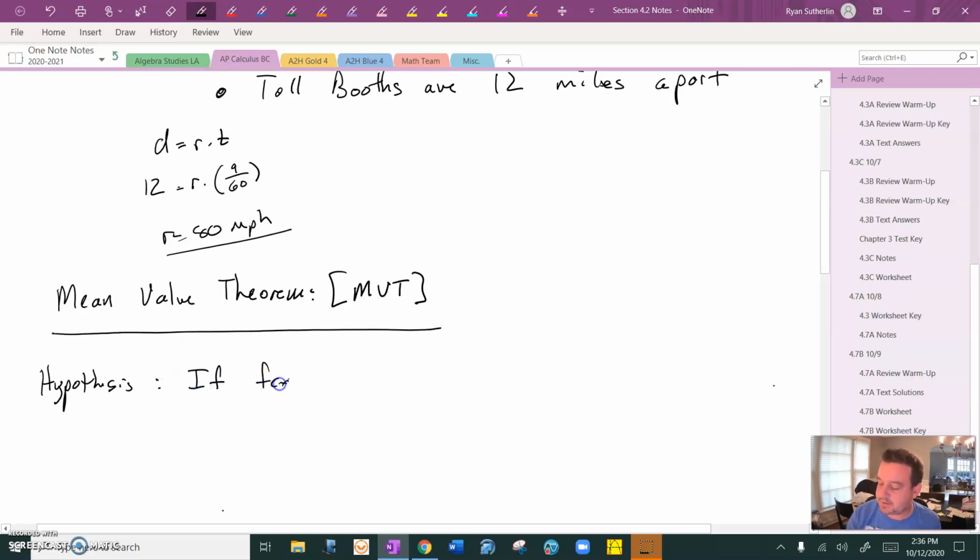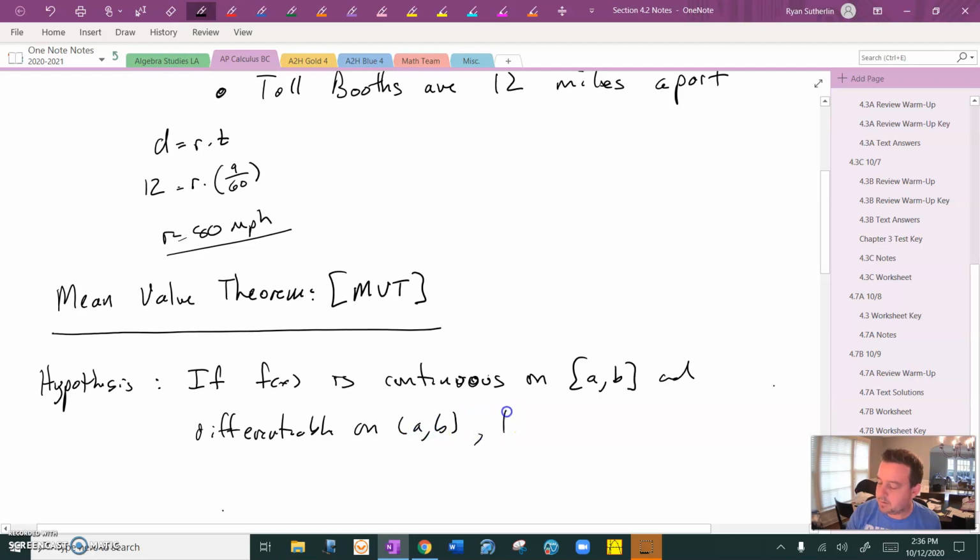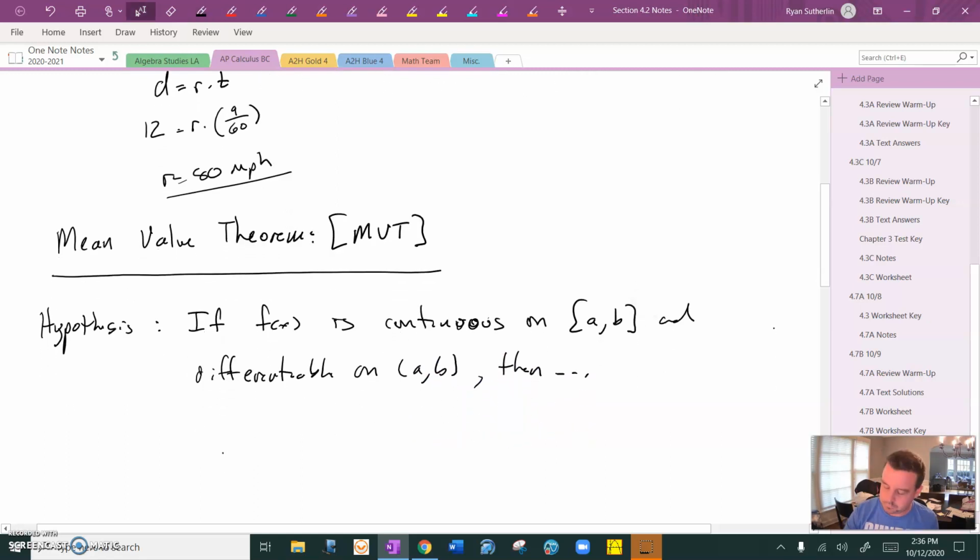If f of x is continuous on the closed interval a to b and differentiable on the open interval a b, then what can we conclude? Here's our conclusion.